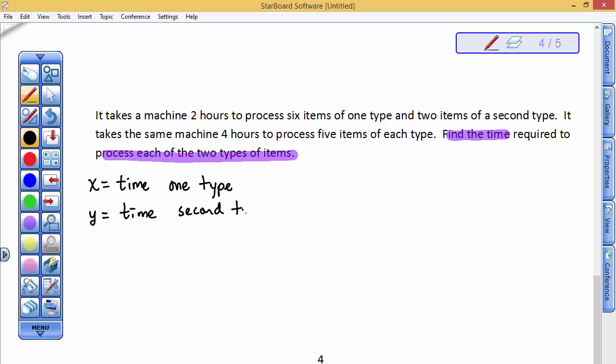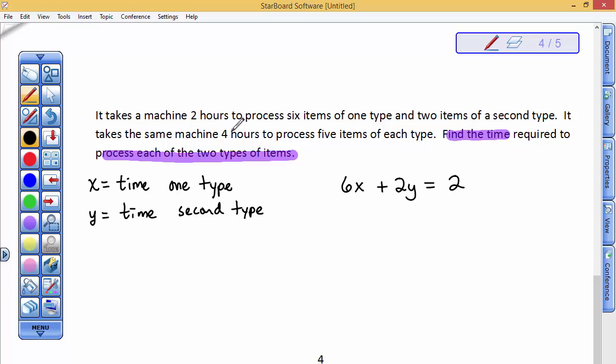So it's the number of hours per item. It takes 2 hours to process 6 of this X and 2 of the Y. So 6 of the X and 2 of the Y takes 2 hours to process.